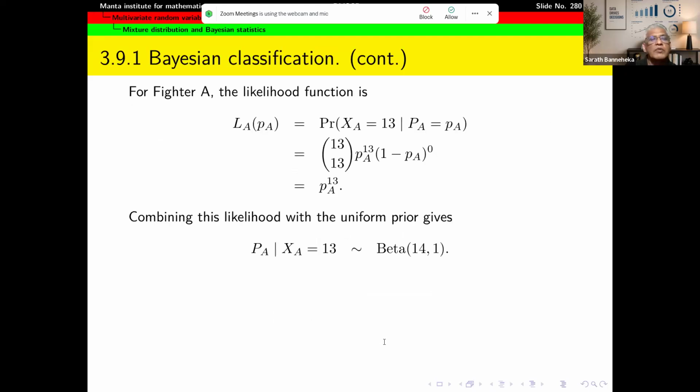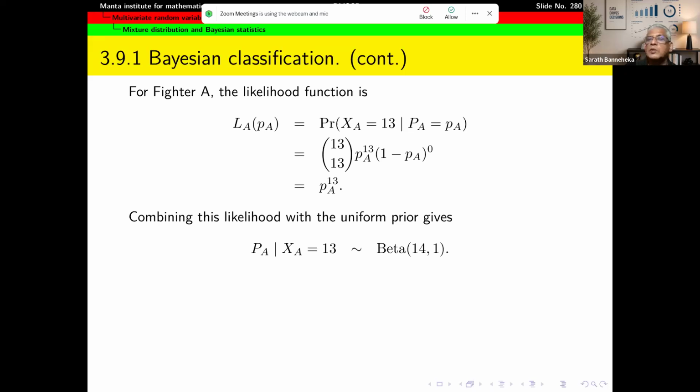So we can write down the likelihood functions of PA and PB given the data. They are the same as the probability that X equals 13 given PA is equal to PA. Here we are interpreting this probability as a function of PA, and then we call it the likelihood function.